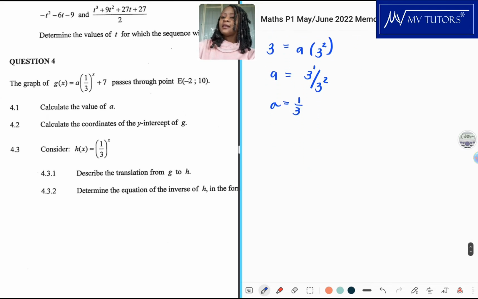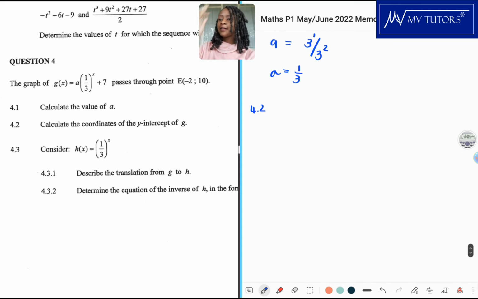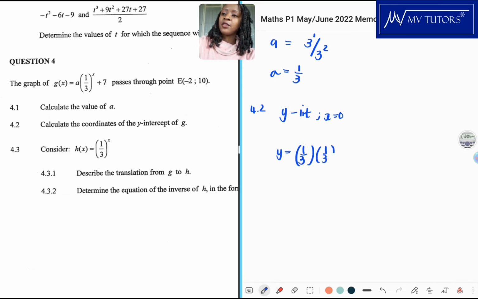Now it says in 4.2, calculate the coordinates of the y-intercept. So again, if you're looking for the y-intercept, you will make x equal to 0. So for the y-intercept, we have y is equal to a third times a third to the power x, which is 0, and then plus 7.